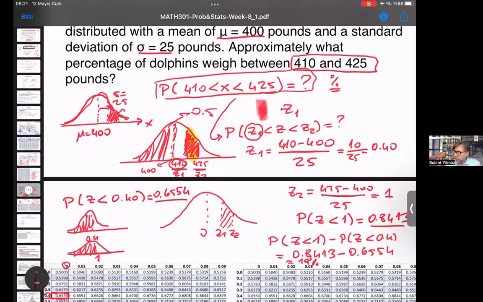I convert everything, these X values, into Z values. I found 0.40 and 1 as my Z values, okay? Now it is between 0.40 and 1.0, okay? How can I find the probability here like this one?